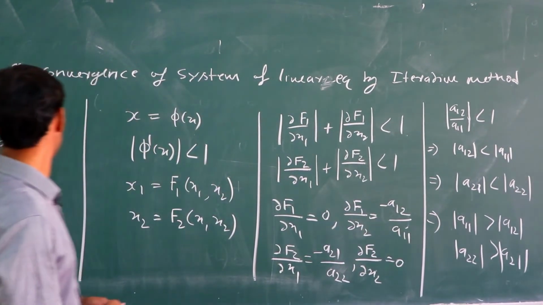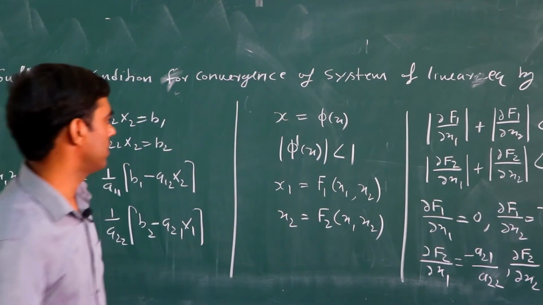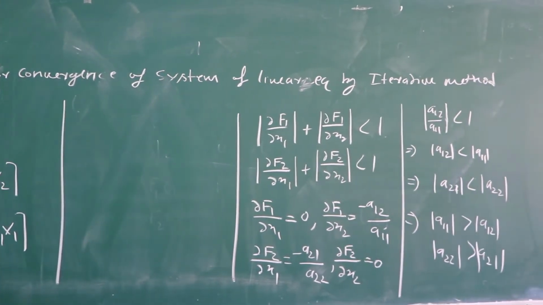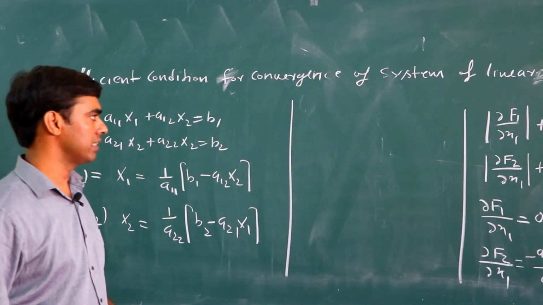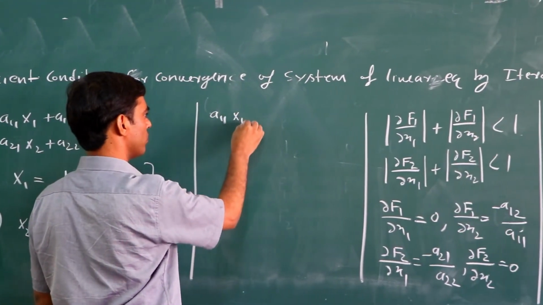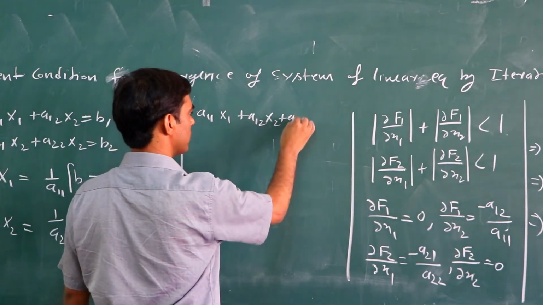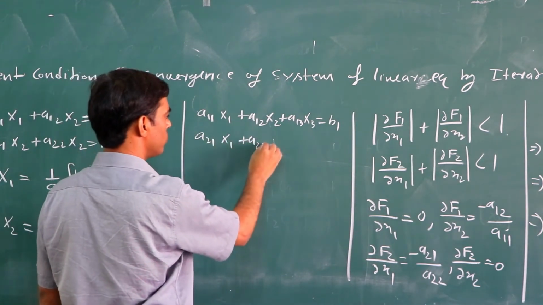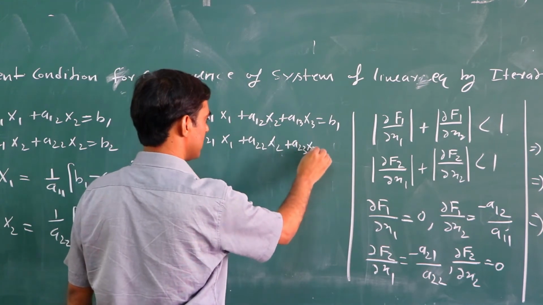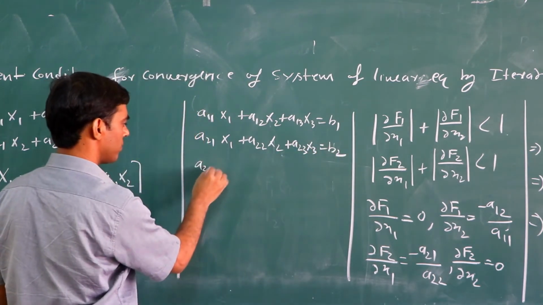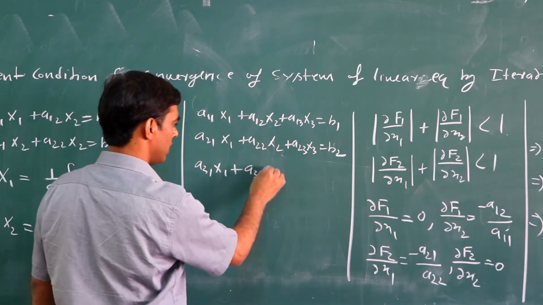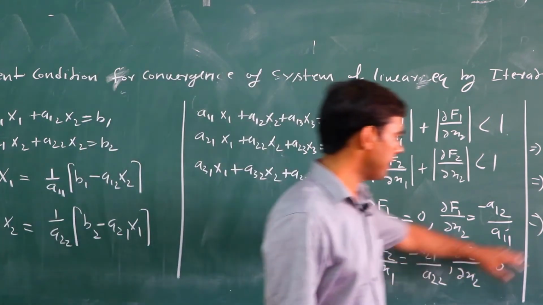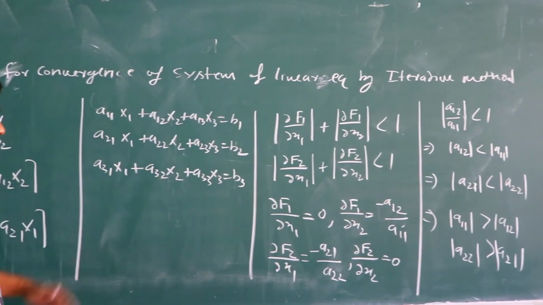In a similar manner, for a system of linear equations having three unknowns: a11 x1 plus a12 x2 plus a13 x3 equal to v1, a21 x1 plus a22 x2 plus a23 x3 equal to v2, and a31 x1 plus a32 x2 plus a33 x3 equal to v3.